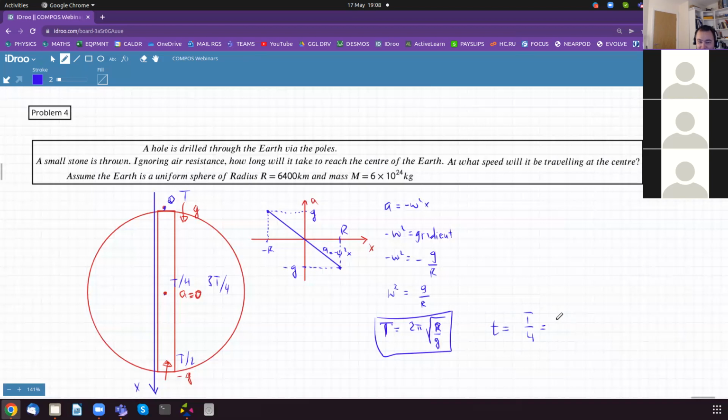Which is pi over 2 times the square root of the radius of the planet, 6,400,000, divided by 9.81.